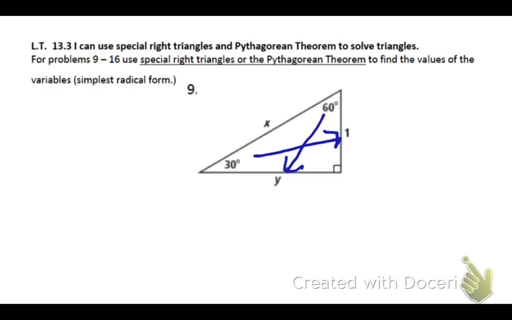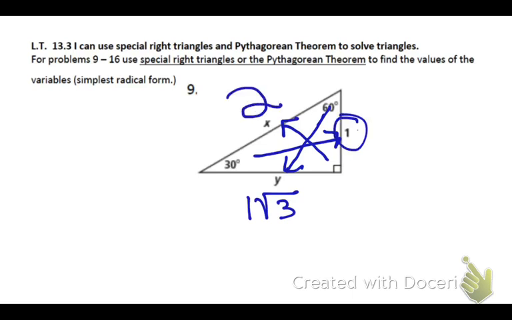So that's why it's going to make it a little bigger across from the 60-degree leg. So this y would be equal to 1 times radical 3, or just radical 3 is great. And then the hypotenuse is always twice as big as the 30-degree leg. So if this is 1, then we know that x is 2. So double that.